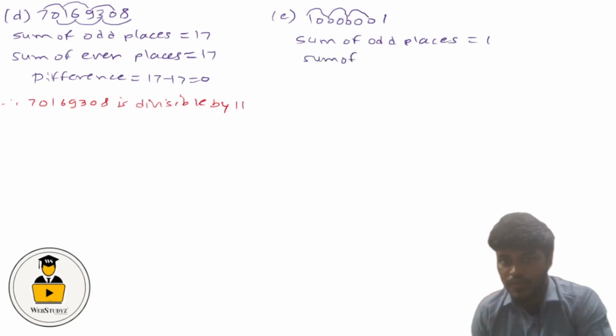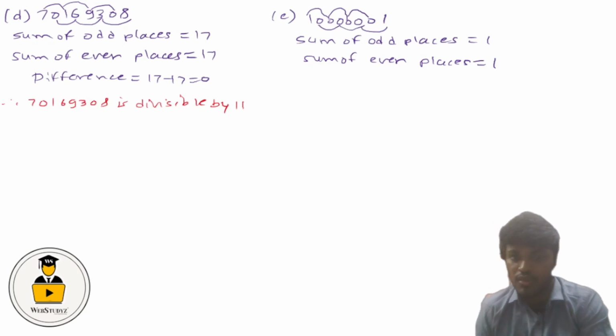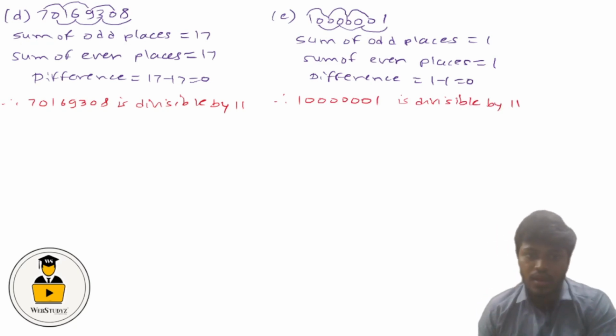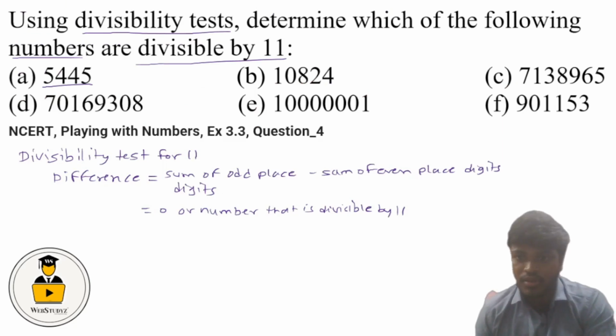Similarly, the sum of even places will come out to be 0 plus 0, 0 plus 0 and 0 plus 1, which is again 1. Therefore, the difference will be 1 minus 1, which is 0. So since the difference is 0, we can say that the number is divisible by 11.